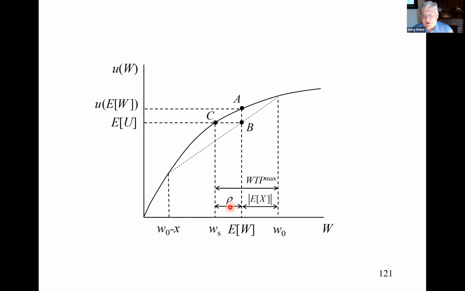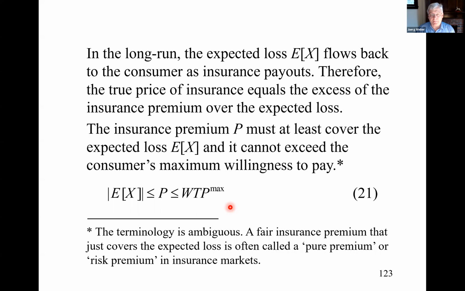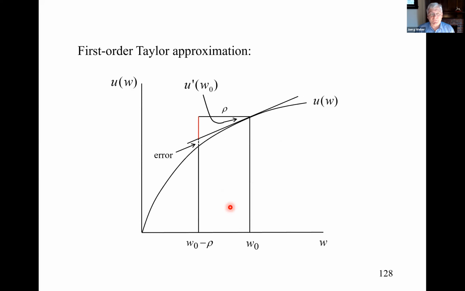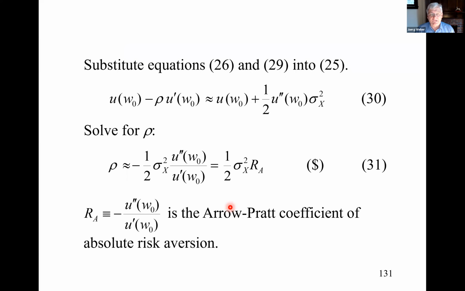But I have now given you an approximation for the risk premium. So in the tutorial, sometimes you have to calculate it exactly, or you have to use the approximation. The questions will tell you what you should do. So that's a very convenient approximation formula for the risk premium.